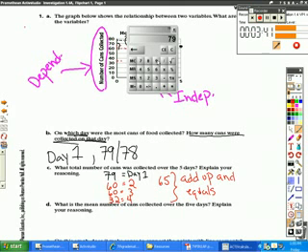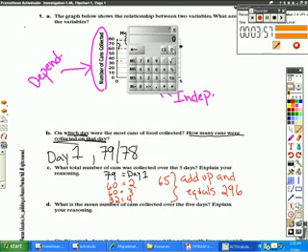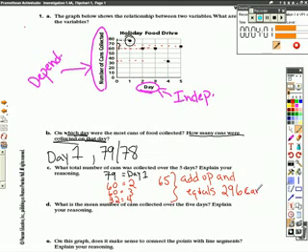So 79 plus 60 plus 60 plus 32 plus 65 equals 296 cans. And as I said before, using a calculator for this type of problem is okay, because you're just adding it up. That's fine. I'm okay with that.